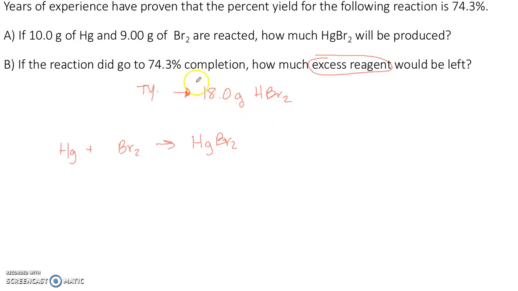Okay, but we know we only did 74.3% of what this should be. So what would be our actual yield? Well, we plug this into percent yield is equal to actual yield over theoretical yield.